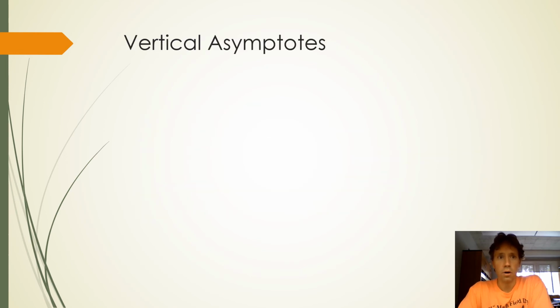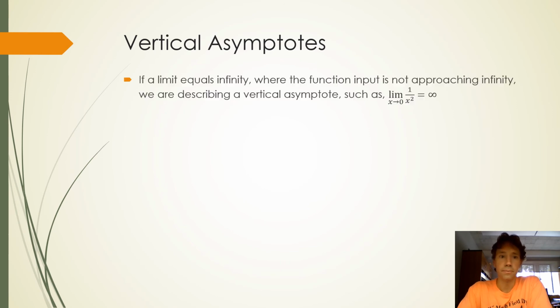Okay, so those are all what happens when x approaches infinity. A vertical asymptote is when the value of the function becomes unboundedly large. If a limit equals infinity, we're describing a vertical asymptote.